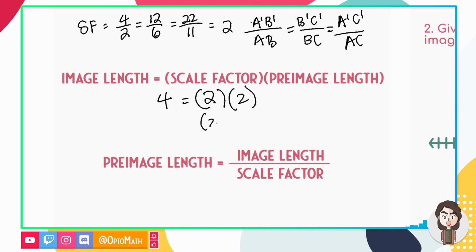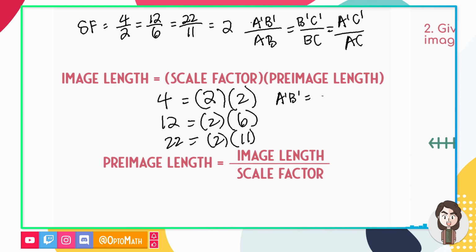We could also do it with our other lengths. The 6 should give us an image length of 12, and the 11 should give us an image length of 22. So the way we could write that is A prime B prime equals the scale factor, which we like to call K lots of times, so let's do that, times AB.